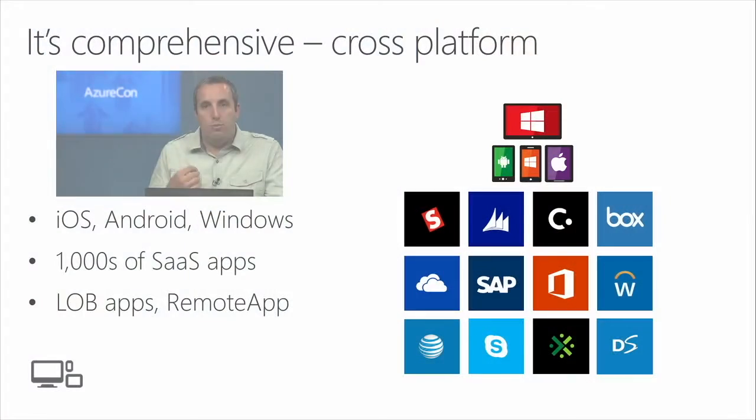And it's comprehensive, cross-platform. Like Microsoft Azure, we support iOS, Android, Windows. We support cross-platform applications. We support cross-platform devices as well. And it's thousands of software as a service applications. So today we offer 2,400 from the catalog.